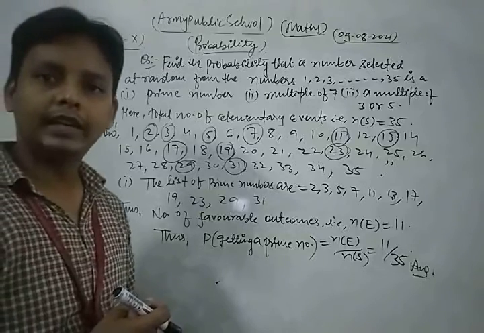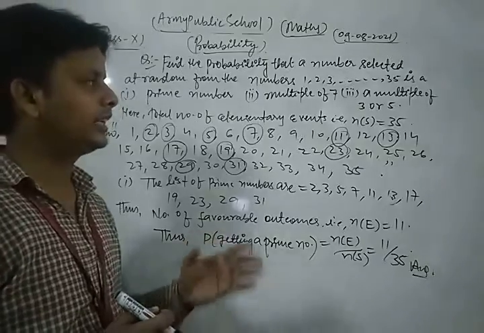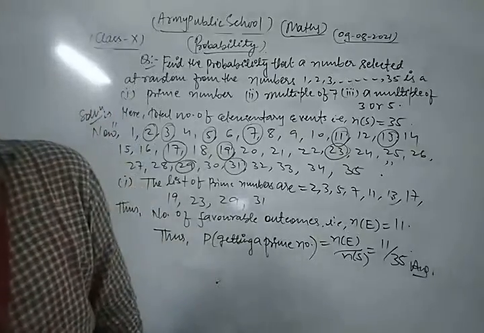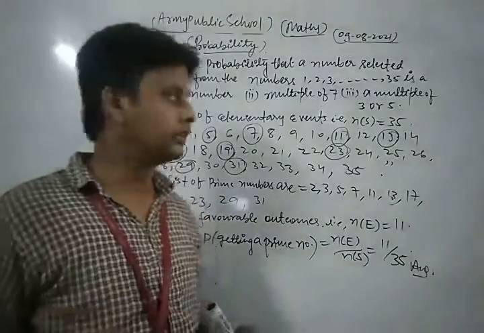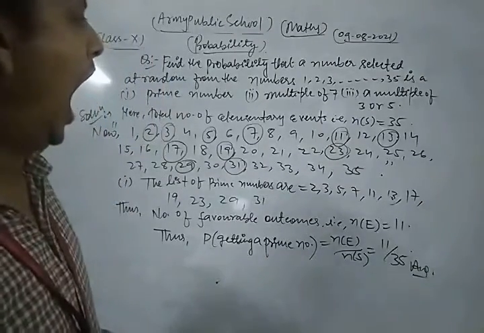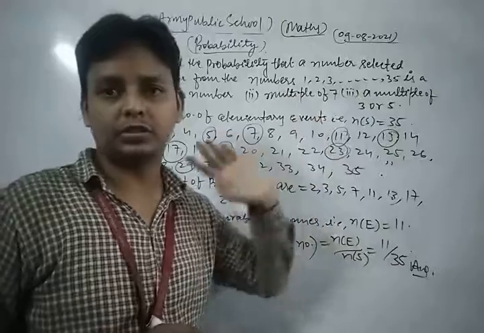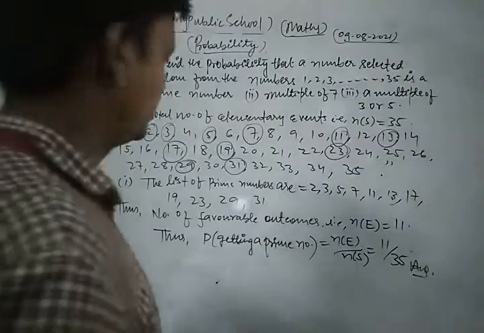Now we solve the second part of this question. Dear students, in each part of this question, the total number of elementary events is 35. Now we solve the second part of this question. Let's see.